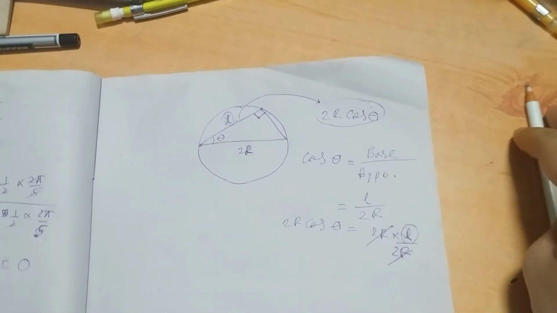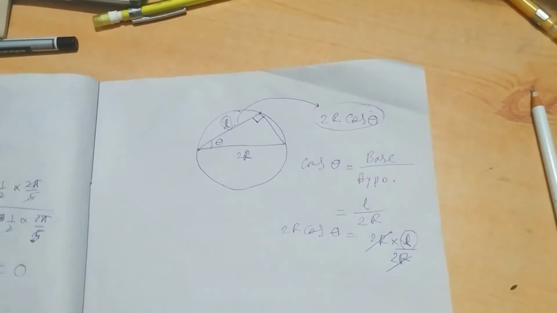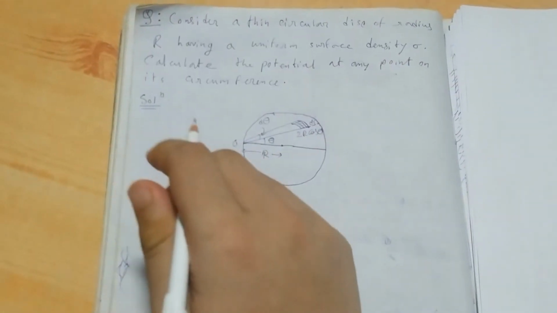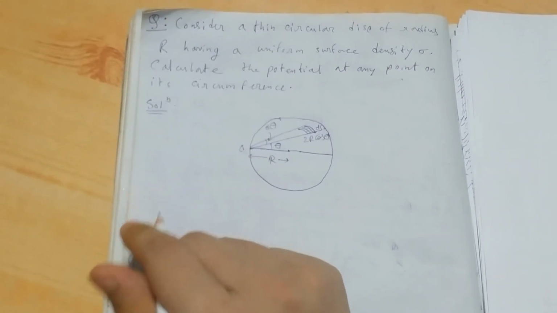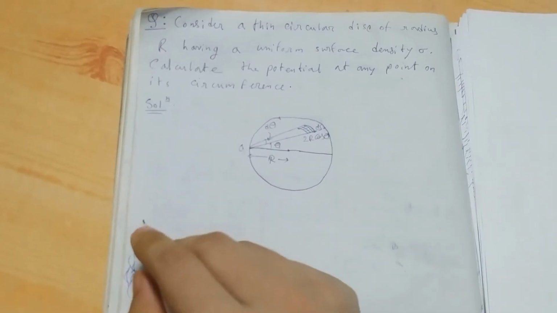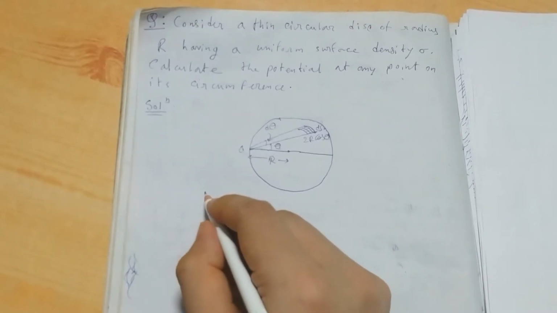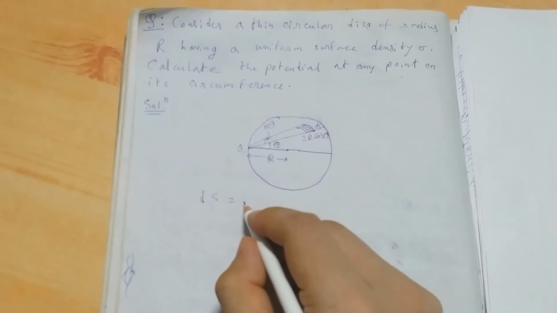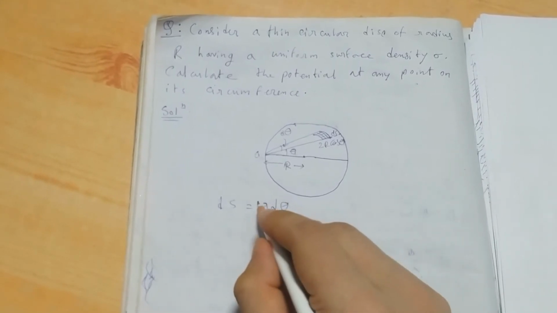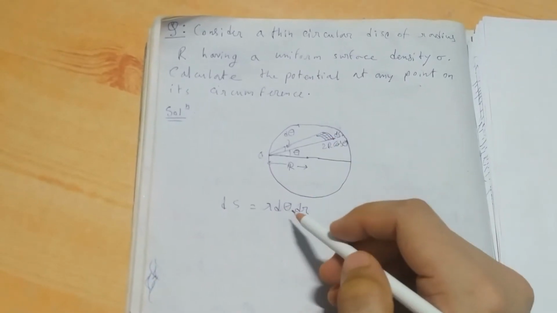I hope you understand. I have used this idea in the problem. Now let's continue. First, let us consider this ds surface element. So ds is equal to dr into r d theta. How can we get that?